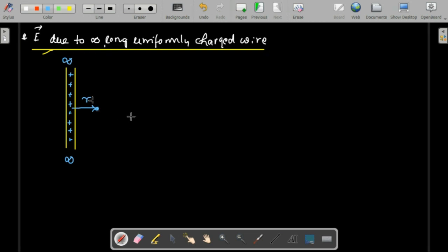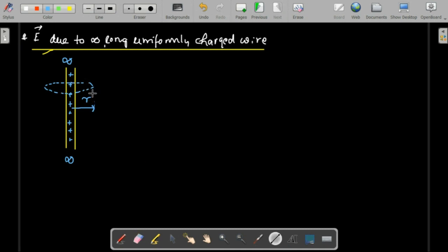Now what I want to do is construct a Gaussian surface. Now this is a wire. So if I want to construct a Gaussian surface around this, it has to be a cylinder. That's logical. And if I want to find it out at a point r, that means this point has to be at a distance r from the center. Maybe I can draw a better picture.